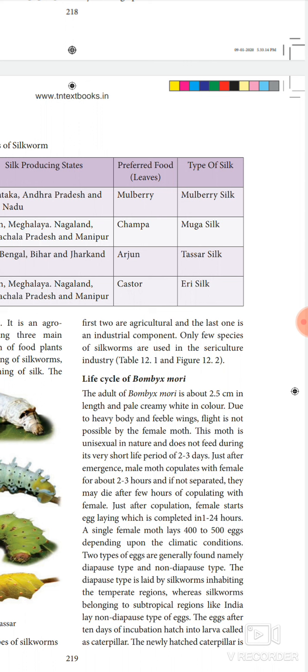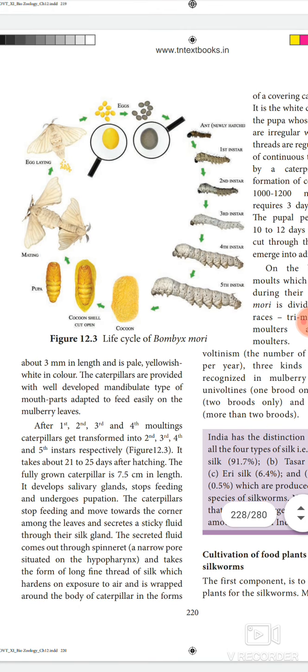The egg is classified into 2 types: diapause type and non-diapause type. Here in India, only non-diapause type eggs are laid. This depends upon the climatic condition. Then we see the life cycle of the Bombyx mori egg. The egg forms the larva, then first instar, second instar, third instar, fourth instar, fifth instar.